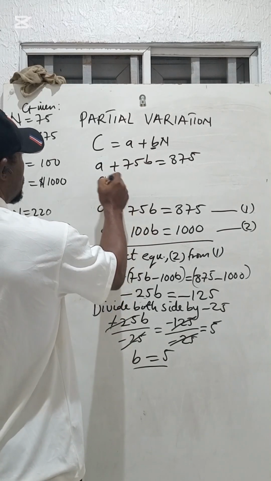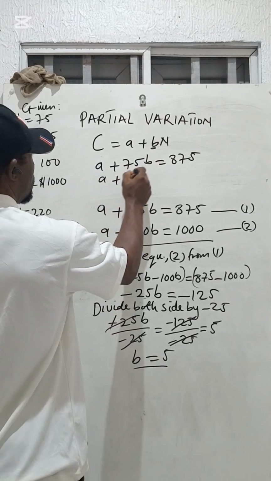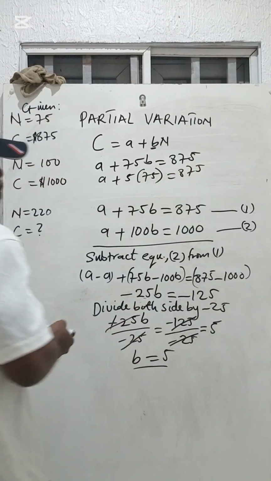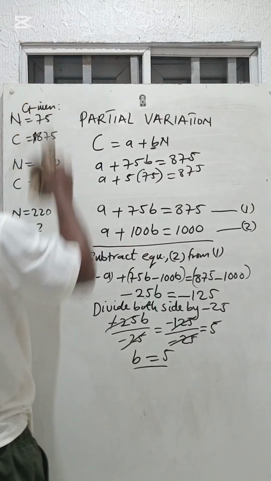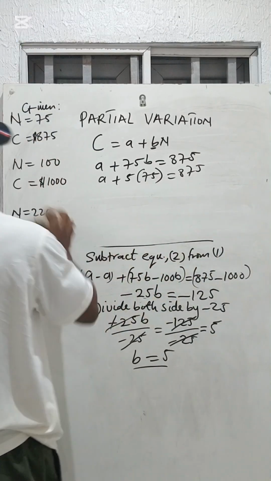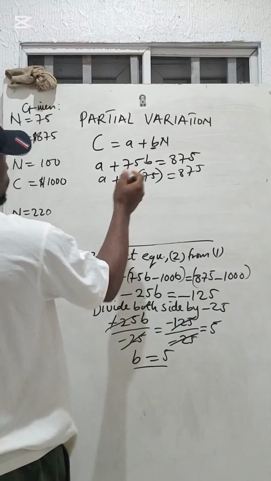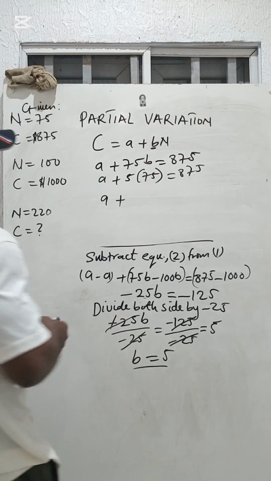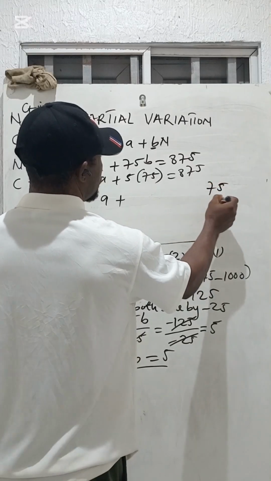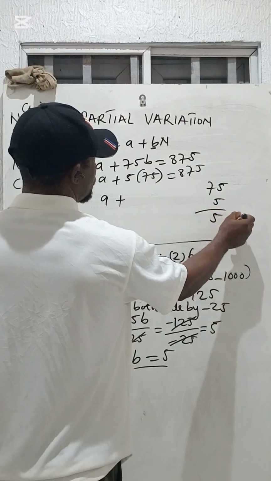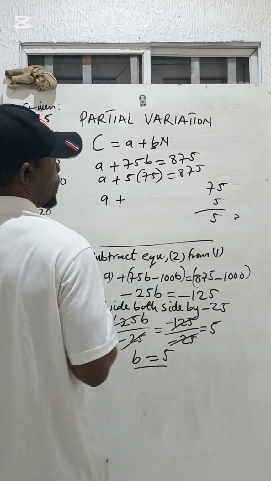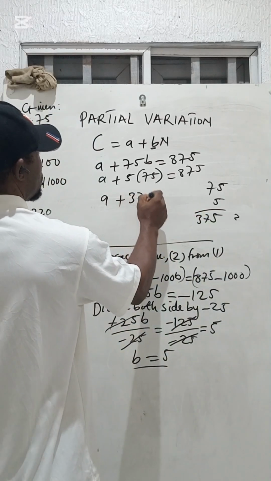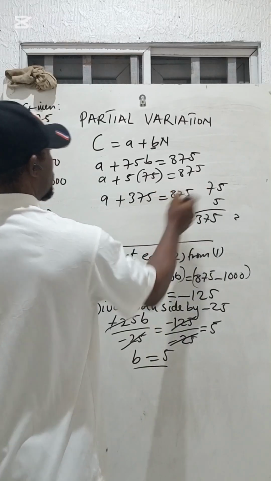So the value of B is 5. Therefore this becomes A plus 75 multiplied by 5. 75 times 5 is 375. A plus 375 is equal to 875.